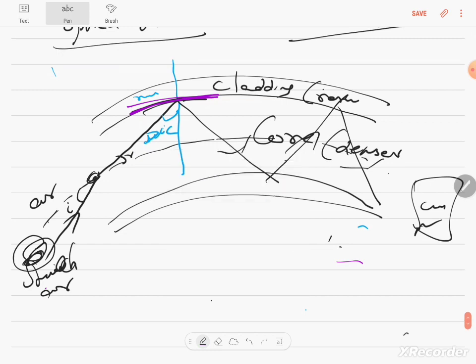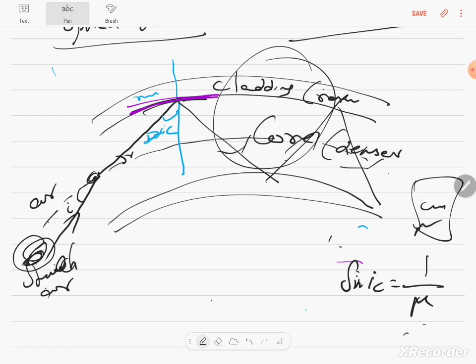Okay, let's go in reverse. Let's go to this last part, where total internal reflection is occurring. You know that sin IC is equal to 1 by mu. What is this mu? Mu of core with regard to cladding, because the IC occurs only at this purple area, where the layer separating is only between core and cladding.